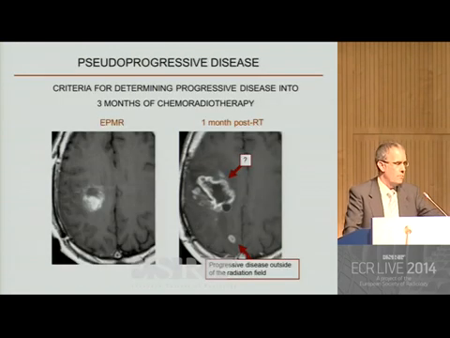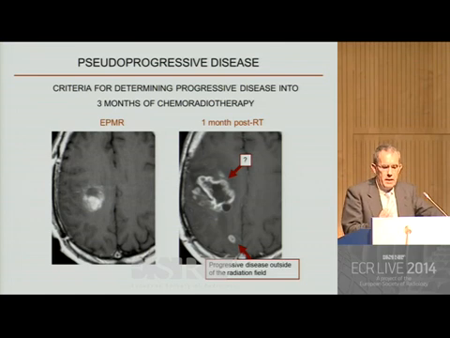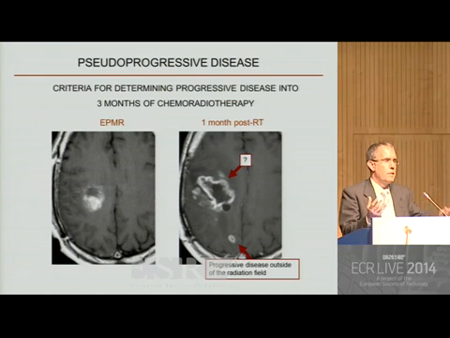This phenomenon has changed the criteria for determining progressive disease within 3 months of chemotherapy, that is, when we can find pseudoprogressive disease. The criteria are different depending on whether the change is inside the radiation field or outside of the radiation field.